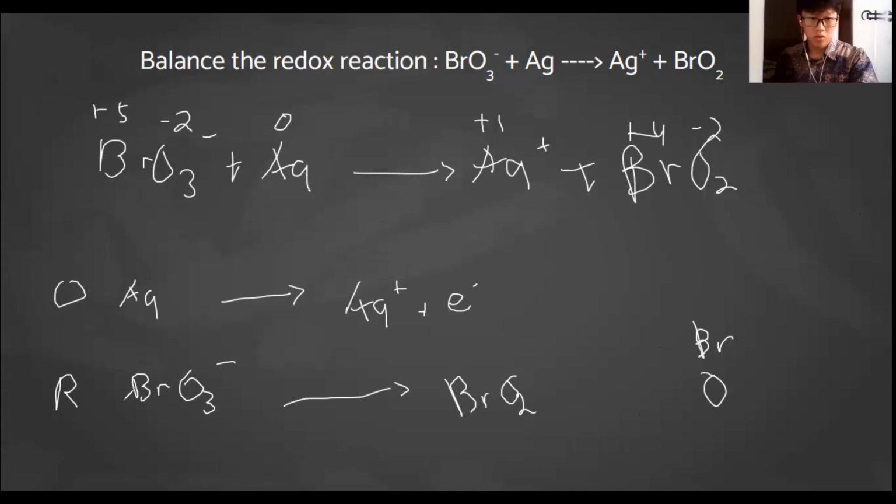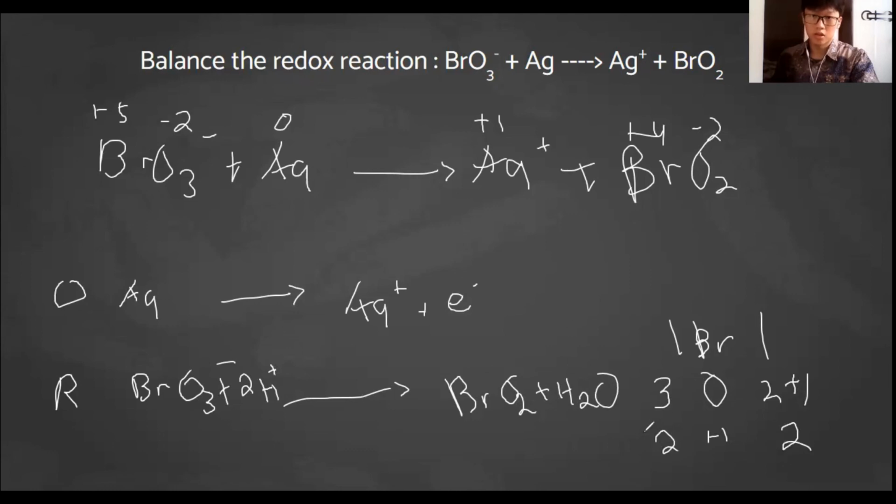Br, bromine, there is 1 bromine on each side, so that's balanced. And for oxygen, the left side has 3 and the right side has 2, so we need to add H2O. And since we added H2O, we need to add H plus on the left side. So there will be 2 hydrogen on the left side and 2 hydrogen on the right side.